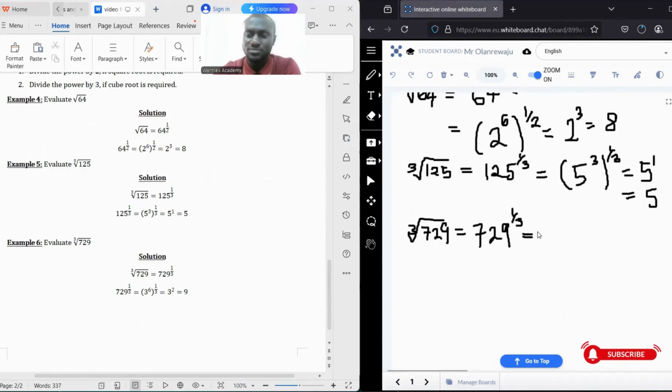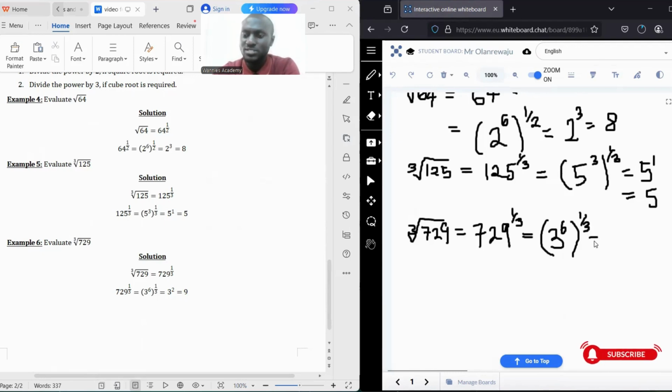Now, what do we do next? We write 729 as prime factors, which gives us 3 raised to the power 6. Then we have the 1 over 3 power outside.